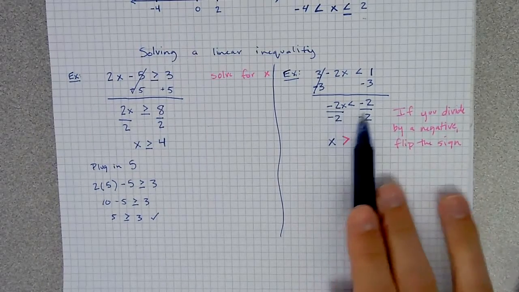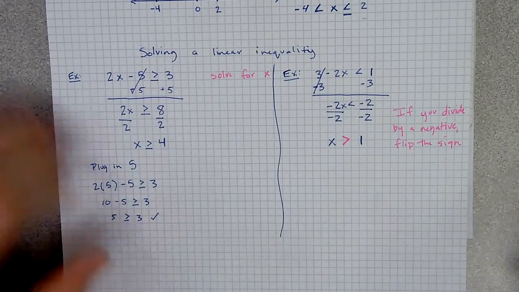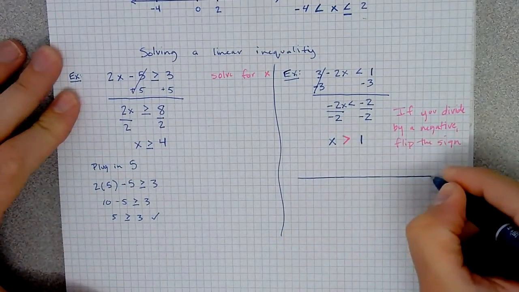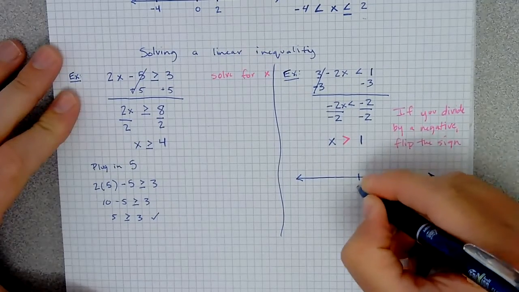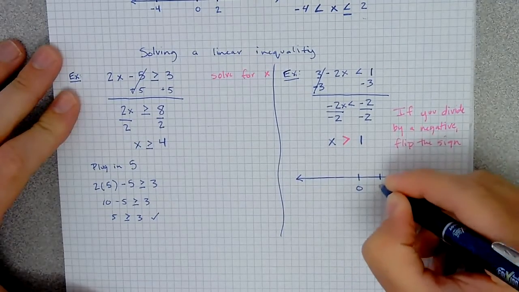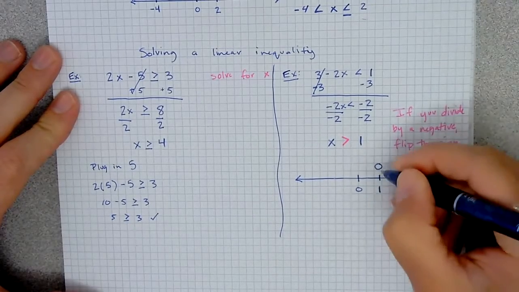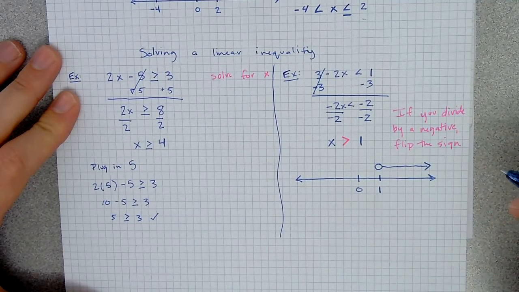So now after we do that, -2 divided by -2 gives us that boundary point of 1. Okay, so if we wanted to graph it and just kind of take a look, we should have an open circle and all the values to the right.